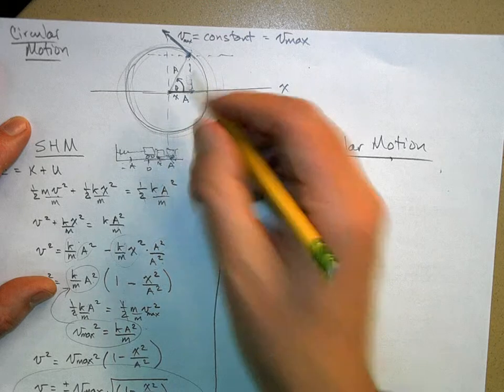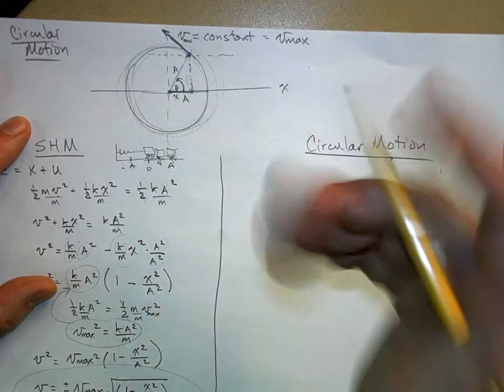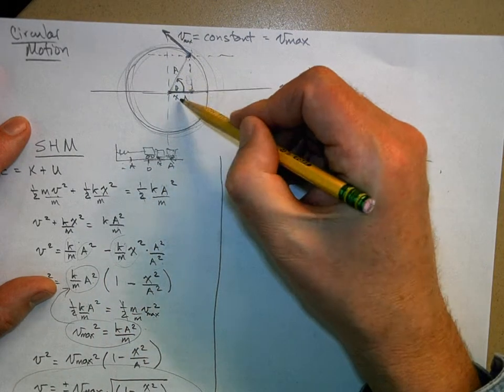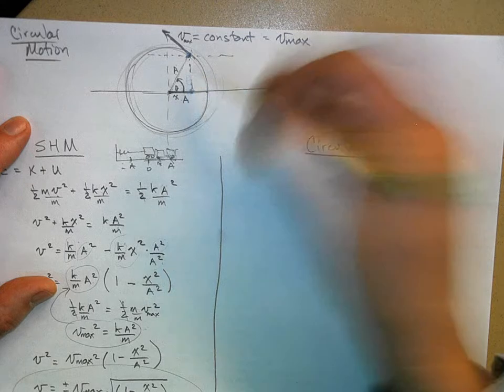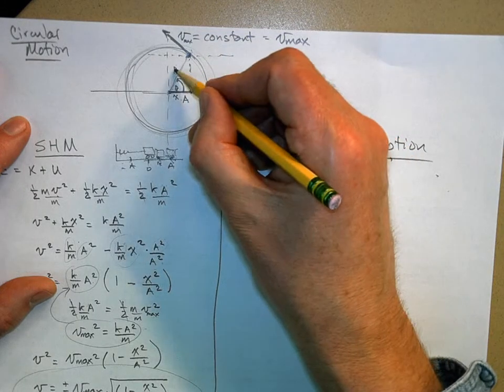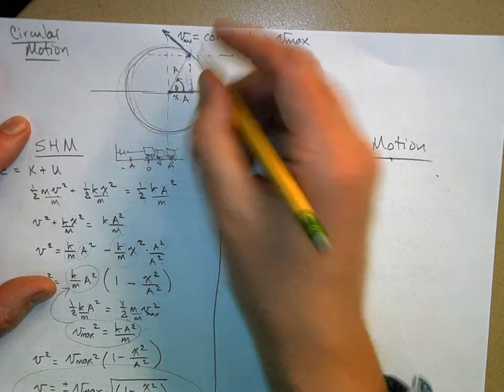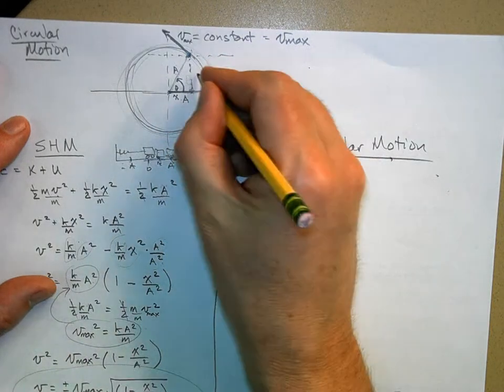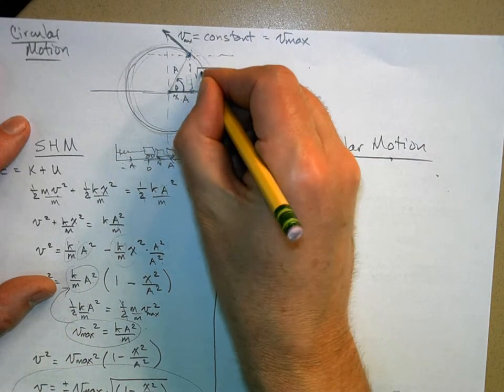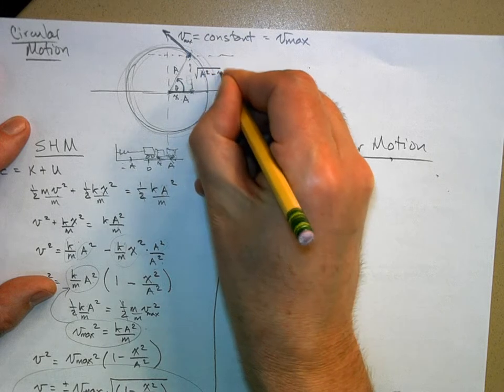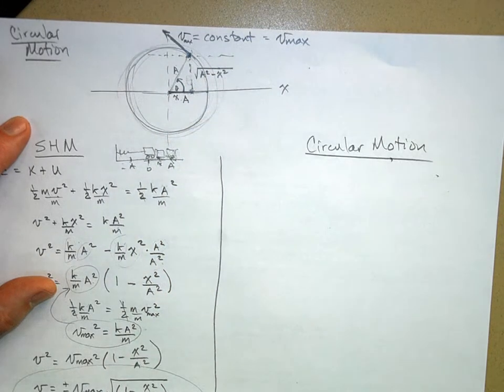Well, use the Pythagorean theorem. A squared equals x squared plus this y squared. So what is y squared equal to? It's equal to a squared minus x squared, take the square root. So this leg of this triangle is equal to the square root of a squared minus x squared. Okay?